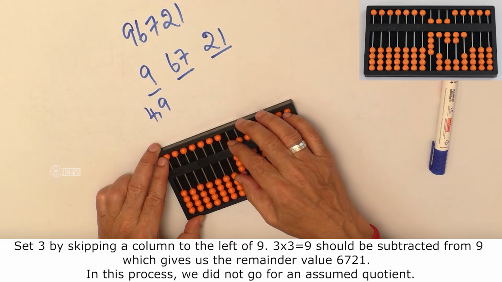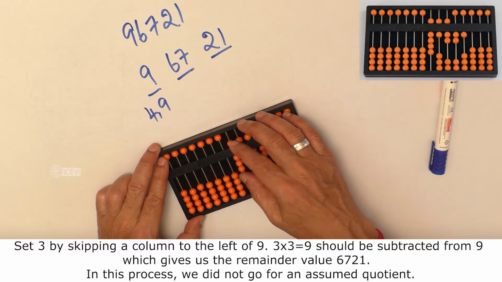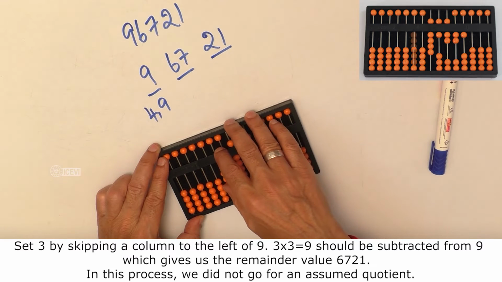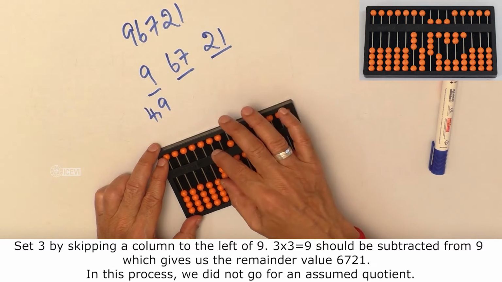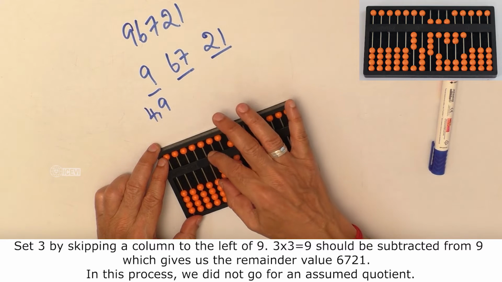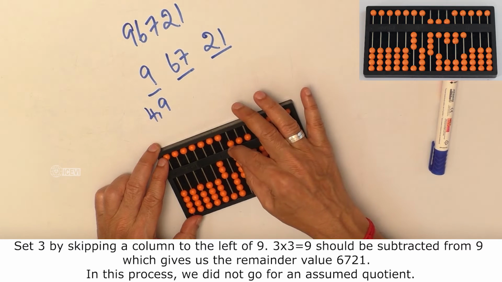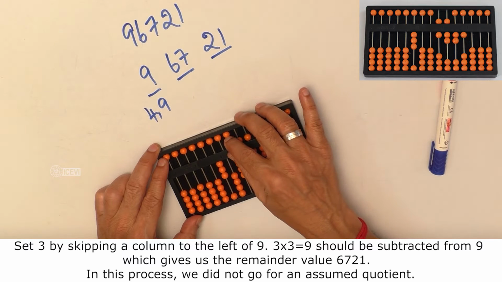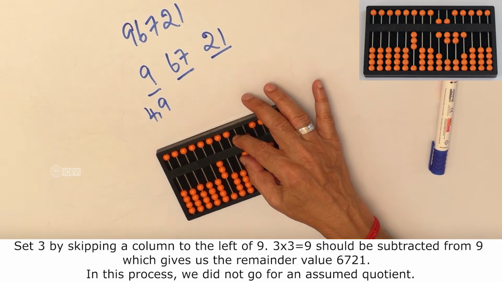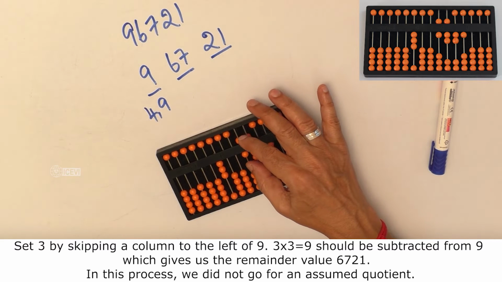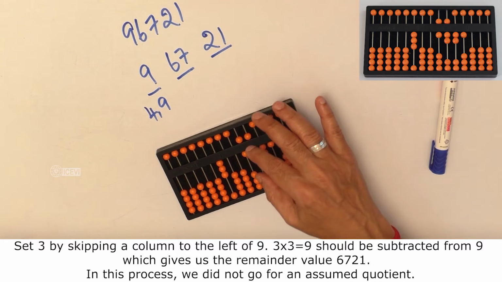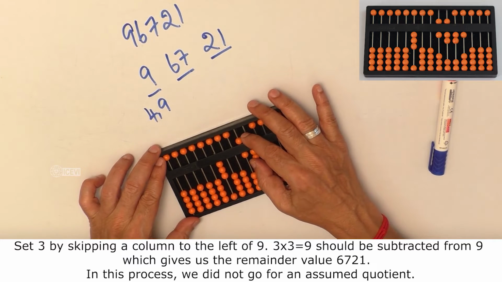Set 3 by skipping a column to the left of 9. Now 3 multiplied by 3 is 9. That should be subtracted from 9, which gives us the remainder 6,721. In this process, we did not go for an assumed quotient.